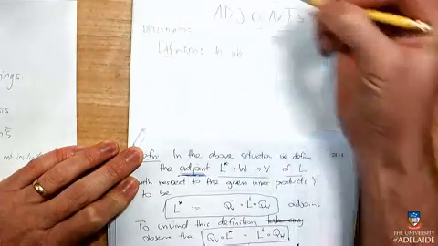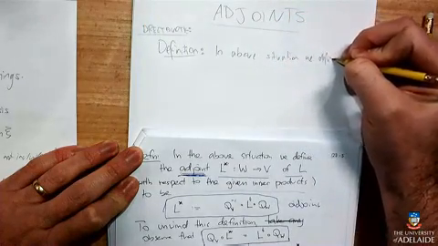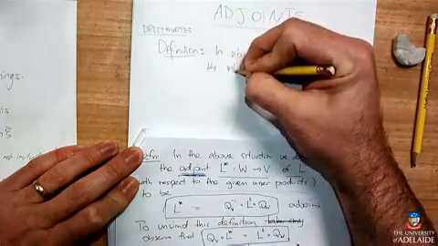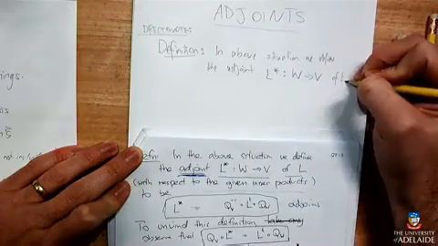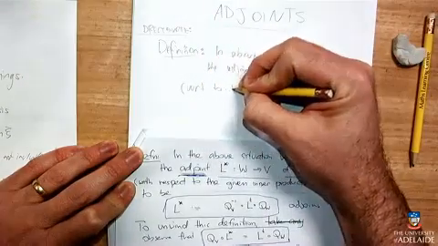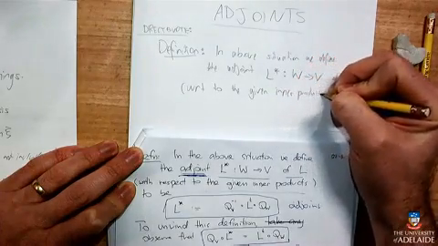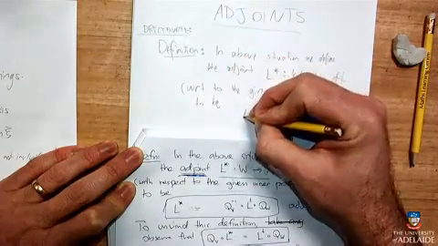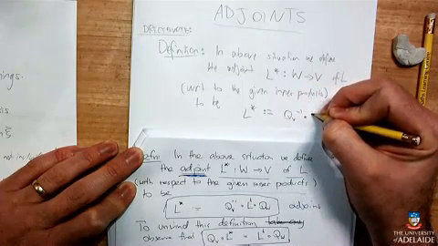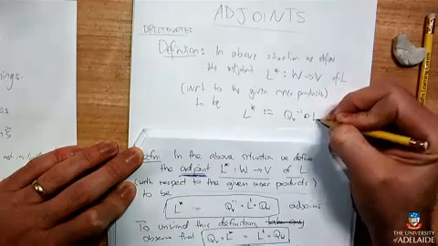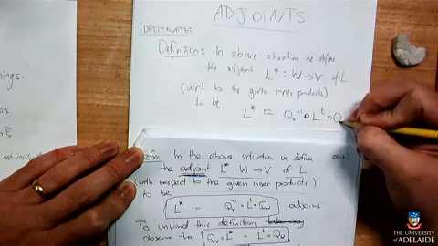"In the above situation, we define the adjoint L star, which sends W to V, of L with respect to the given inner products to be L star is defined to be Q_V inverse, L transpose, Q_W."